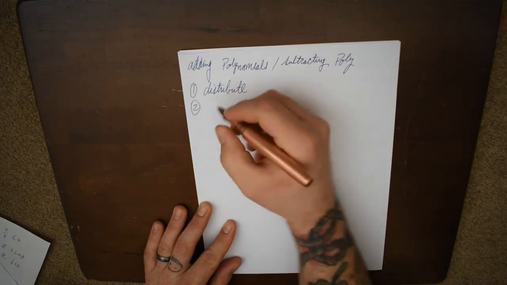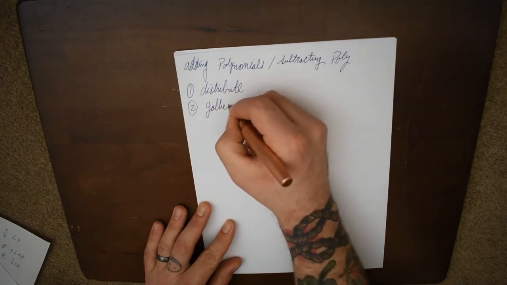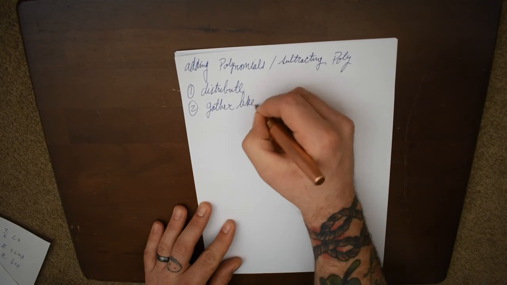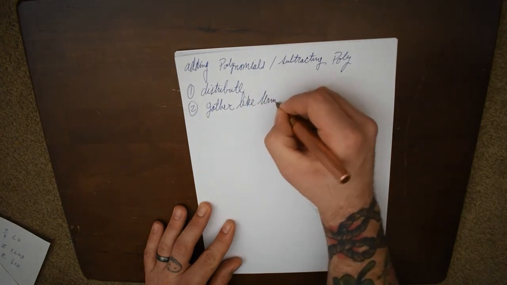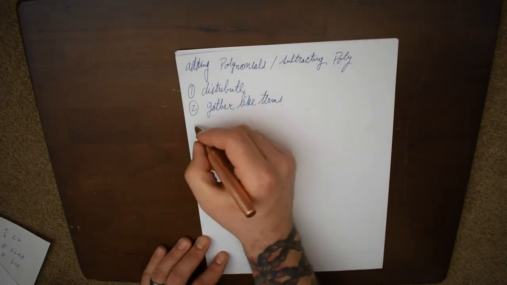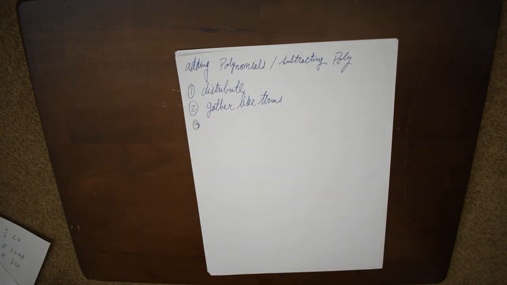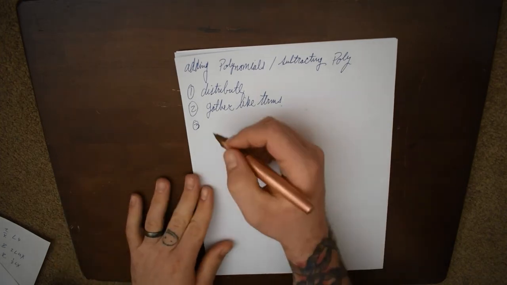Then, we're going to gather like terms. For good measure, the final thing we're going to do is write these in standard form. We're going to write all of these polynomials with our terms decreasing in power.